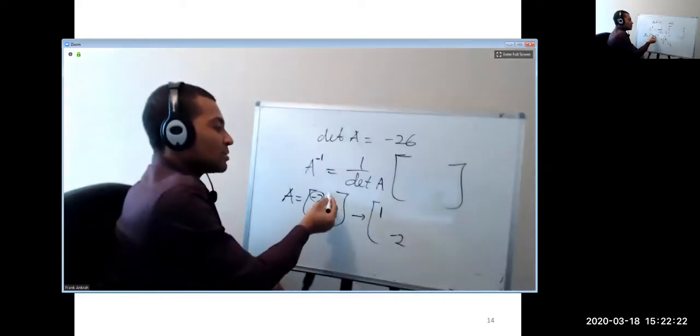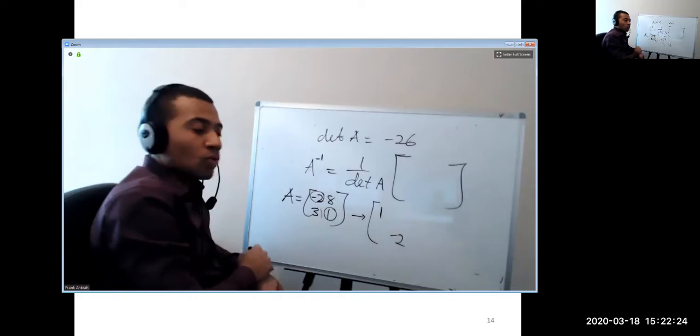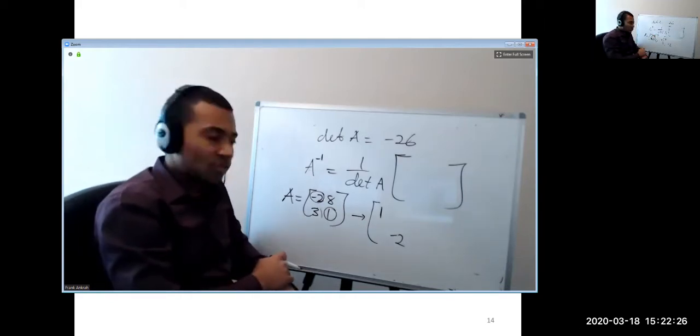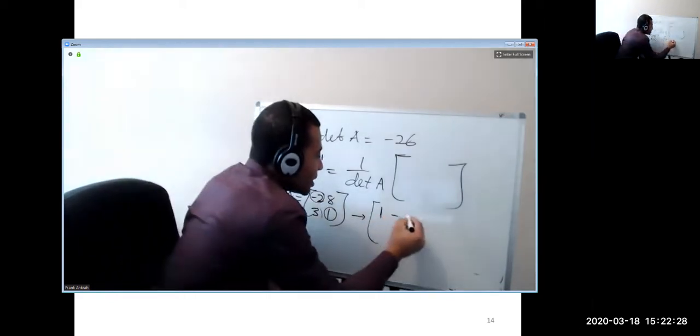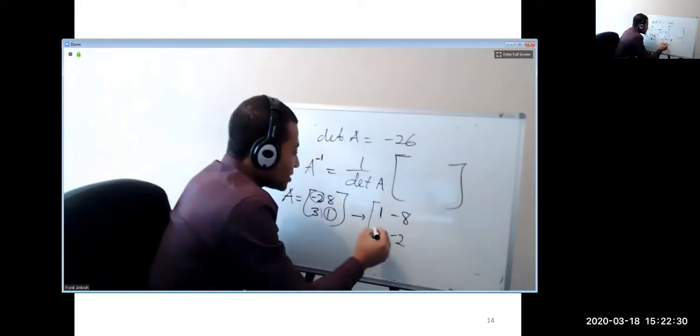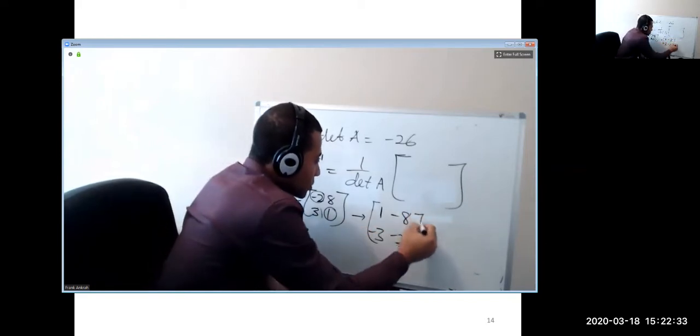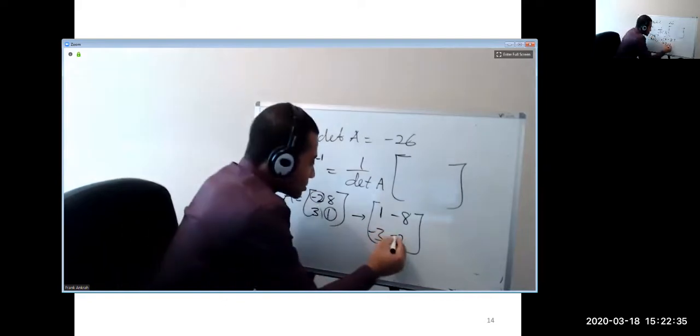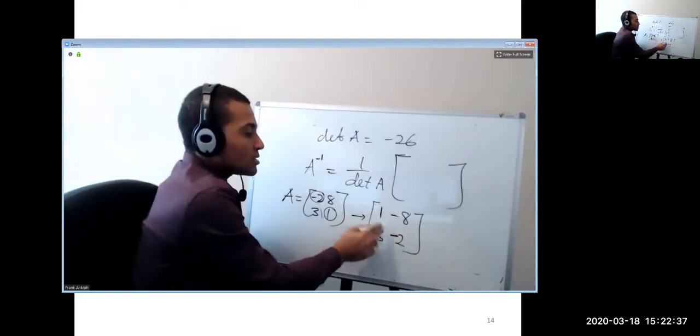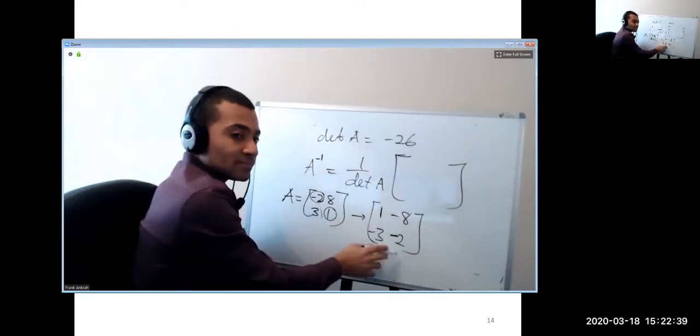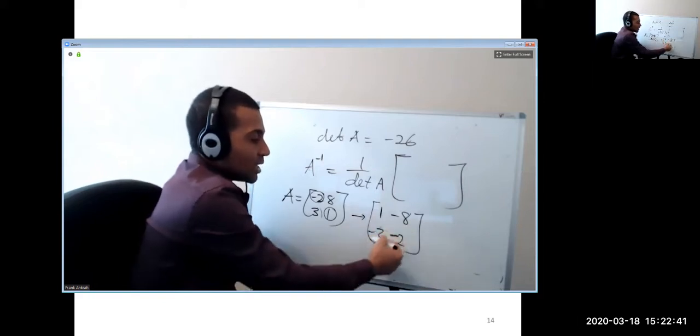And for elements B and C, we negate them. We put a negative value there. So that's going to be negative 8, negative 3. So in all this, two things happened. First, you swap places of elements A and D, and then you negate elements B and C, okay?